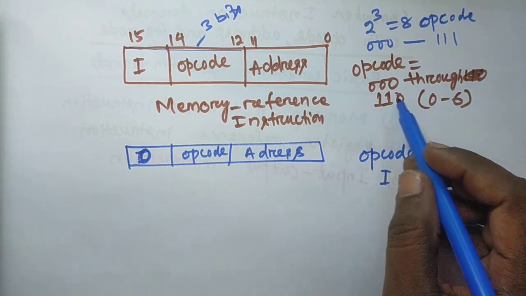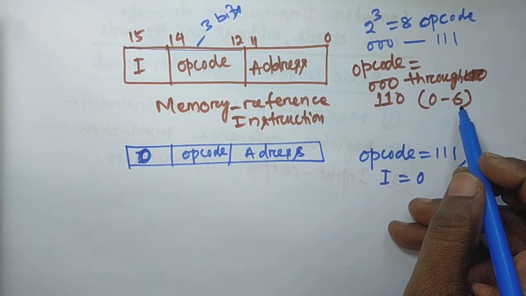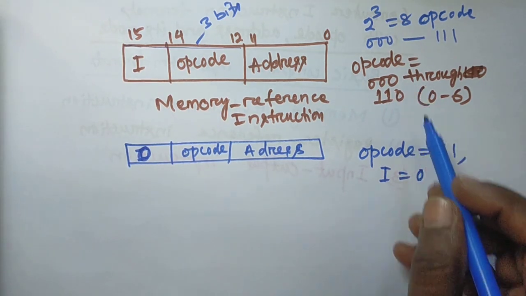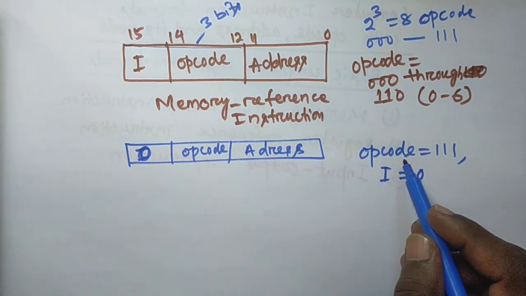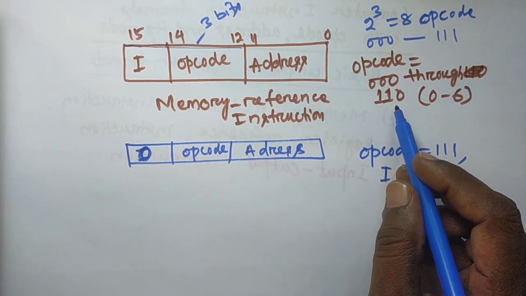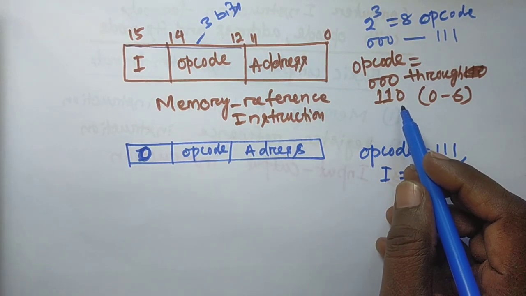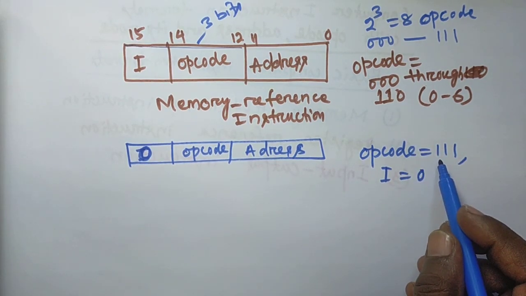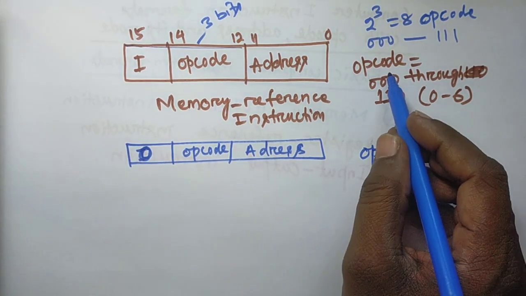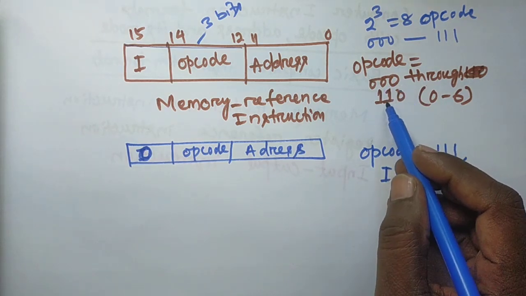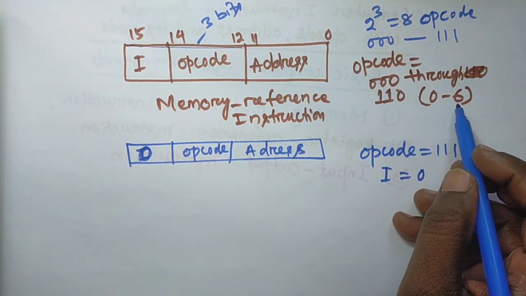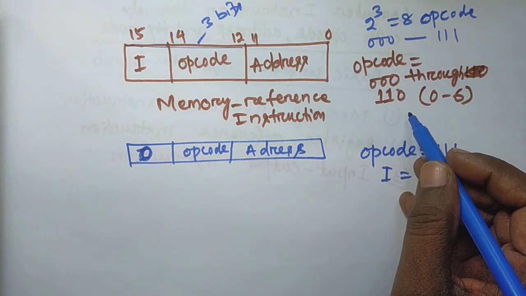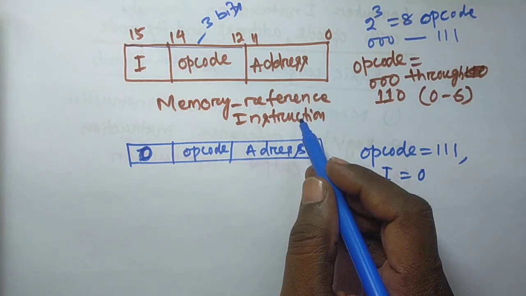If it is 000 to 110, it means non-triple-1, okay, non-triple-1 means 0 to 6, triple 1 means 7. If it is 000 to 110, then 0 to 6, then we can call it a memory reference instruction.